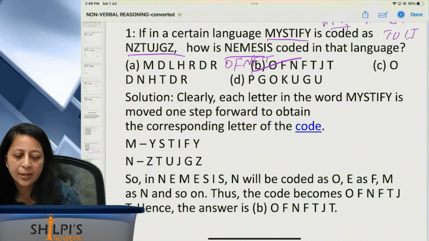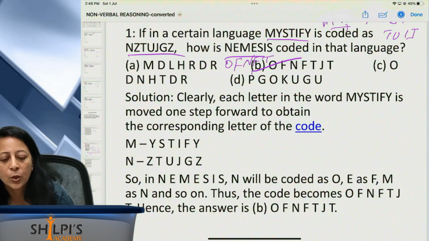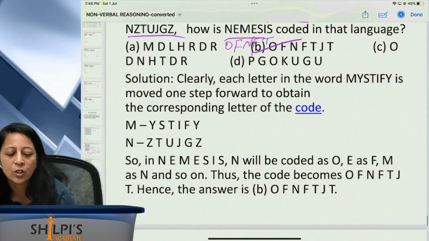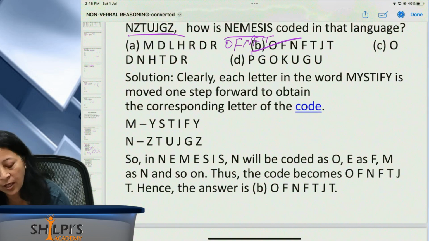Clearly, each letter in the word mystifies moved one step forward to obtain the corresponding letter of the code. So N will be coded as O, E as F, M as N, and so on. Thus, the code becomes OFN, FJ, FT, JT.